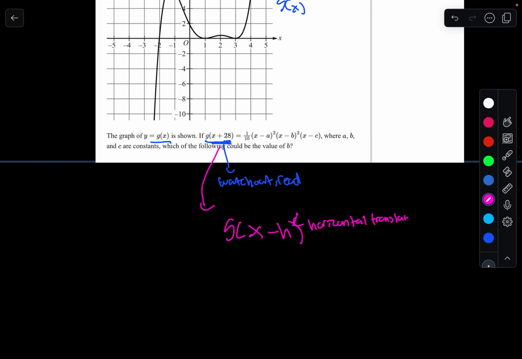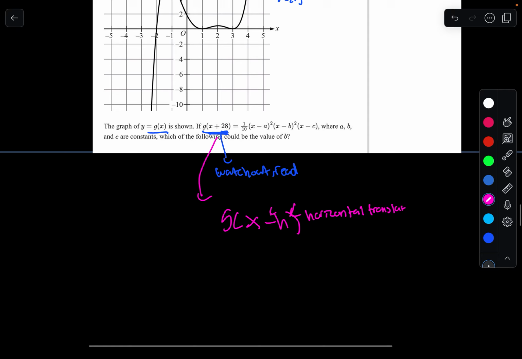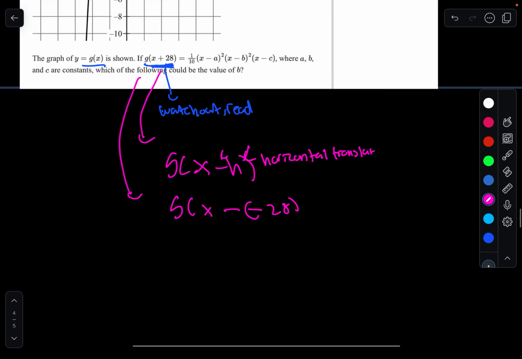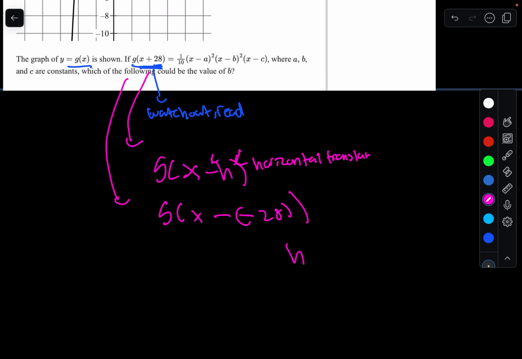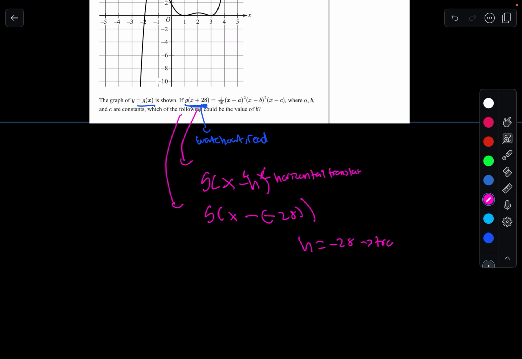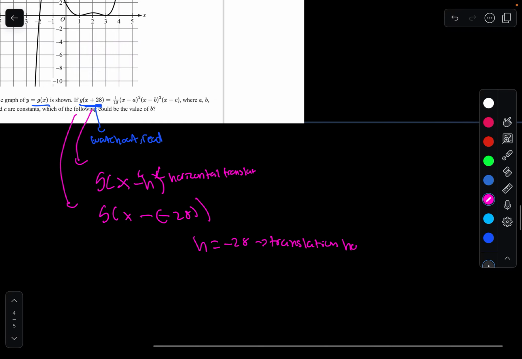Notice how it's the opposite sign. It's negative. So based off this, it would be g of x minus negative 28, which means the h right here is equal to negative 28. That's the translation, horizontally.